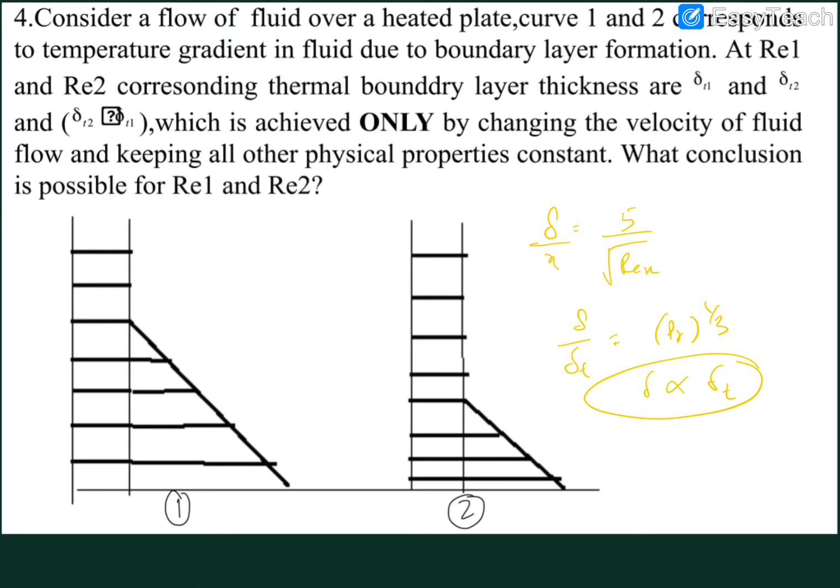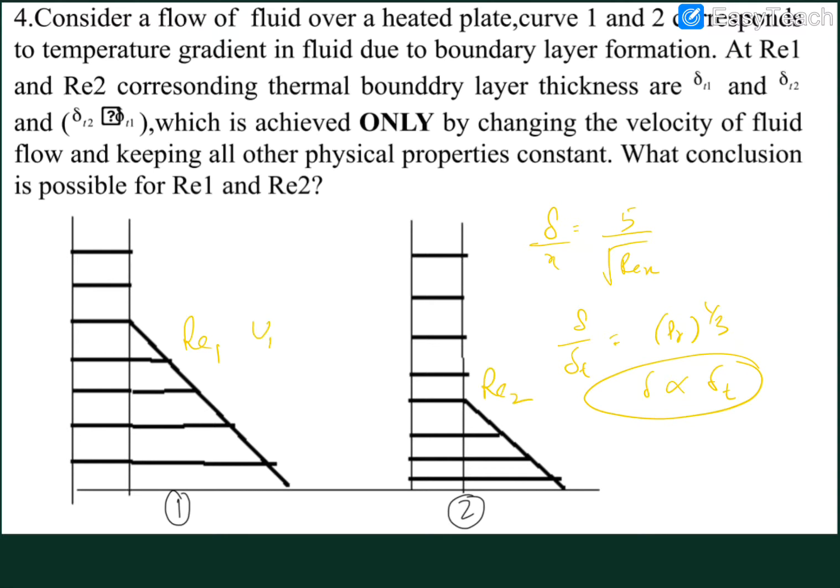Just try to see how we apply the concepts. Consider a flow of fluid over a heated plate. Curve 1 and curve 2 correspond to temperature gradient in fluid due to boundary layer formation. You can see here there is a temperature distribution, and here also a temperature distribution, at Reynolds number RE1 and Reynolds number RE2.